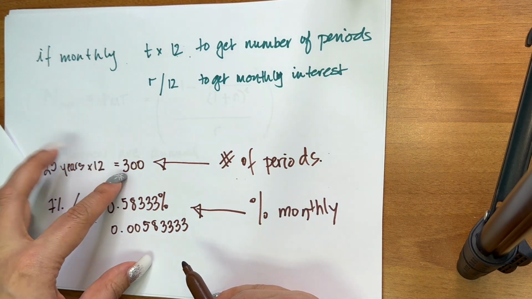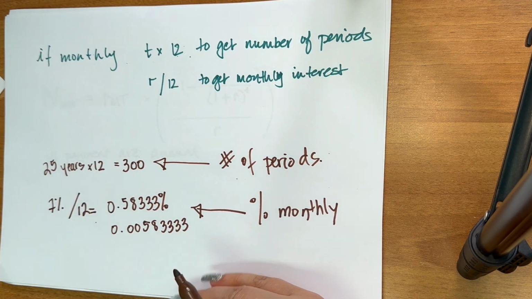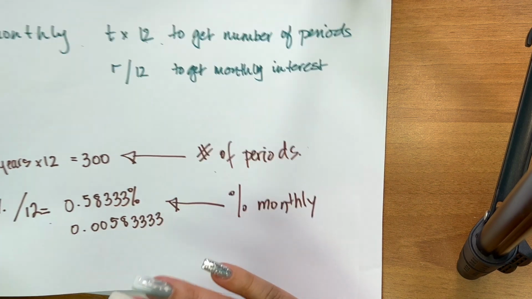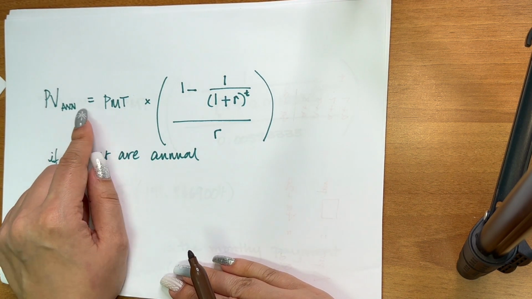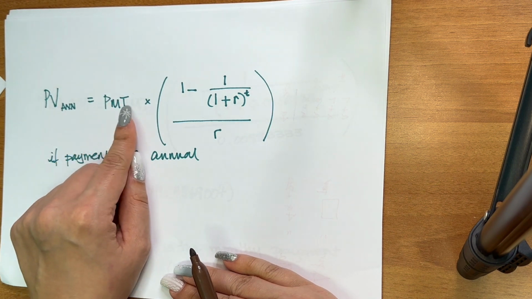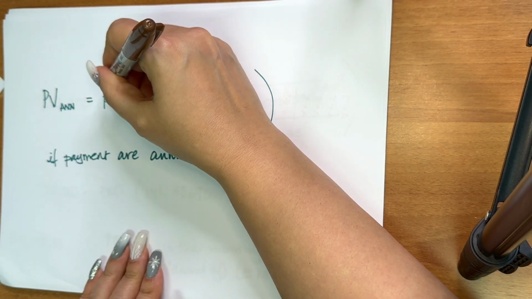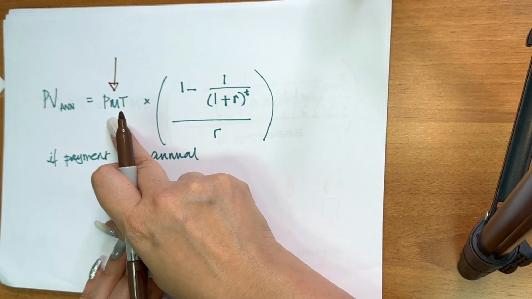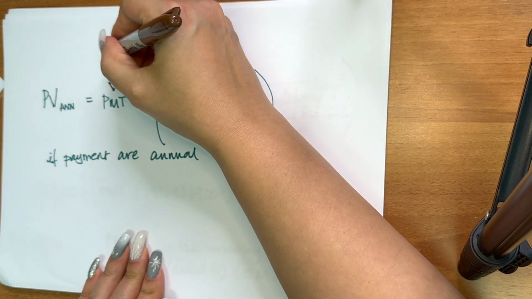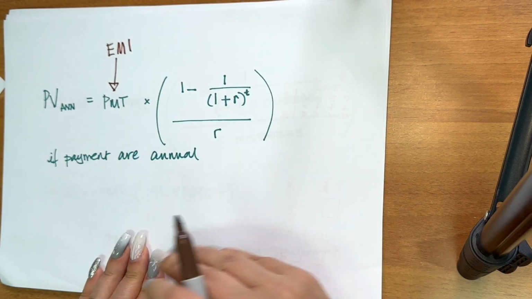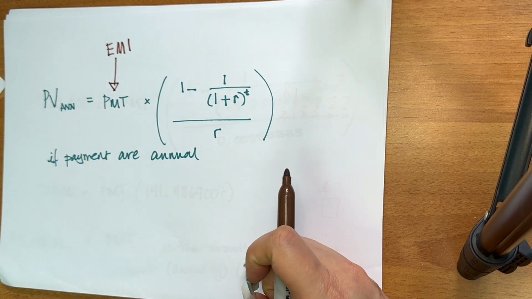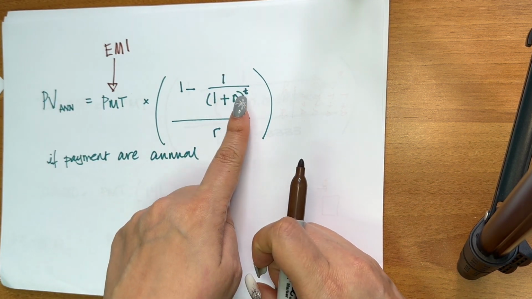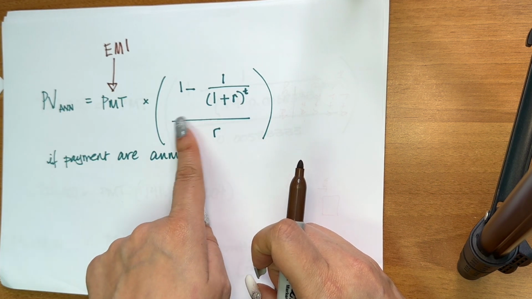Once I have these two components, I put them in my annuity formula. The annuity formula is the present value of an annuity equals the payment, and this is what we want to find, what we need to calculate for the EMI, multiplied by the present value factor, which is 1 minus 1 over 1 plus r to the t, over r.